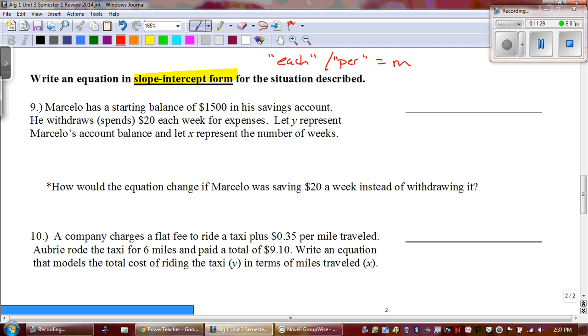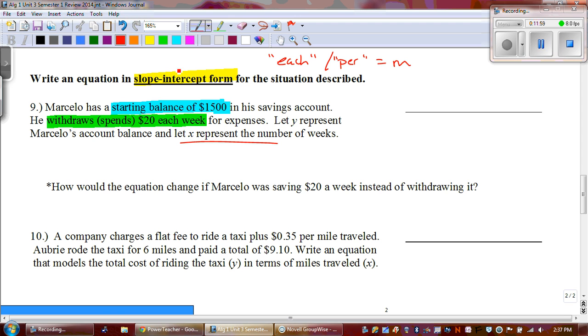So Marcelo has a starting balance of $1,500 in his savings account. He withdraws or spends $200 each week for expenses. Let Y represent Marcelo's account balance and let X represent the number of weeks, okay? So this is important right here. X represents the number of weeks.